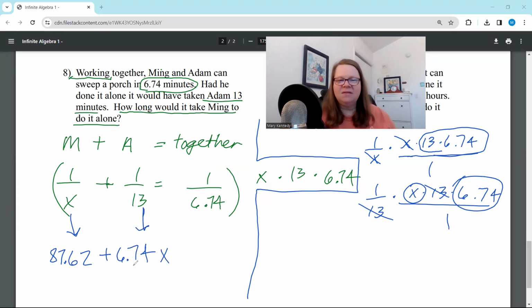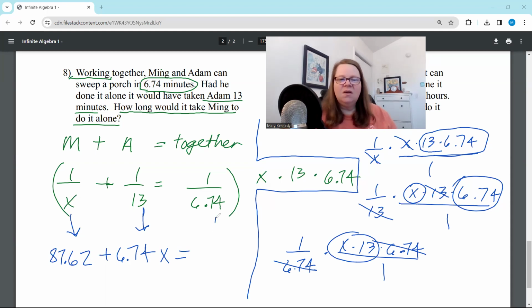That's what 1/13 is equal to. Let's do the last one: 1 over 6.74 times X times 13 times 6.74. Once again, these cancel, and we're left with X times 13, which means this is just 13X.